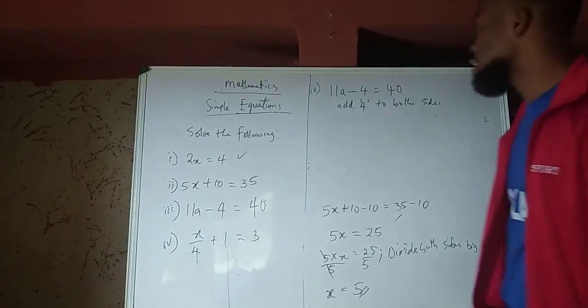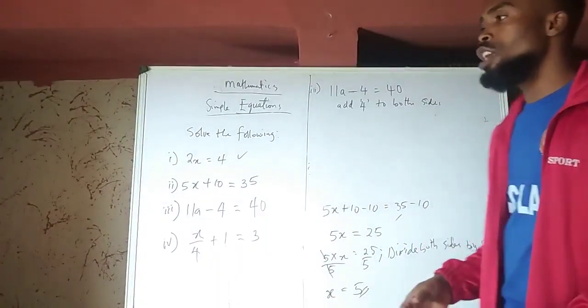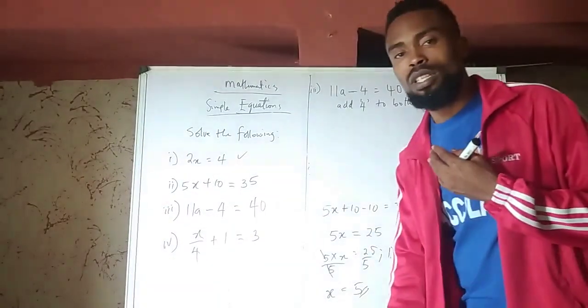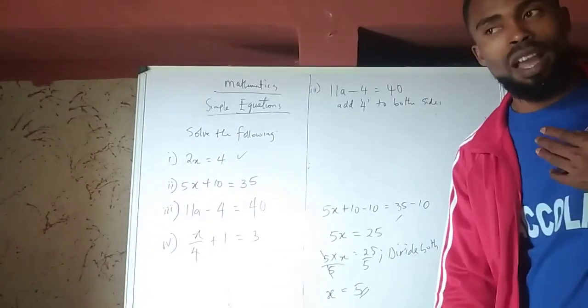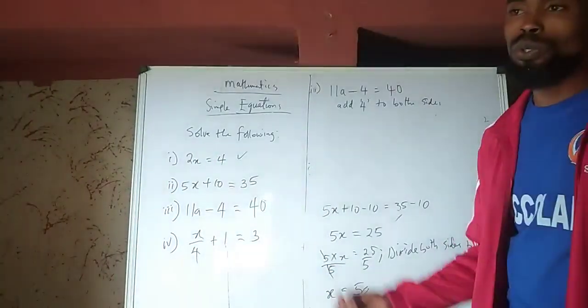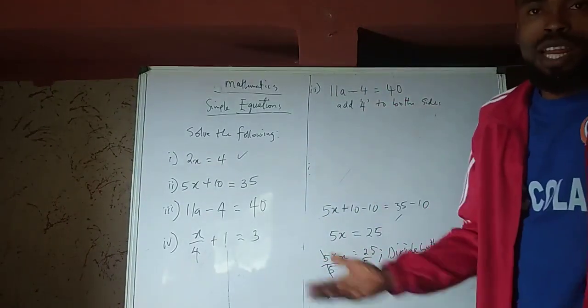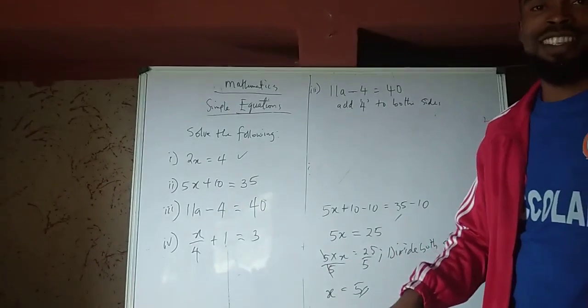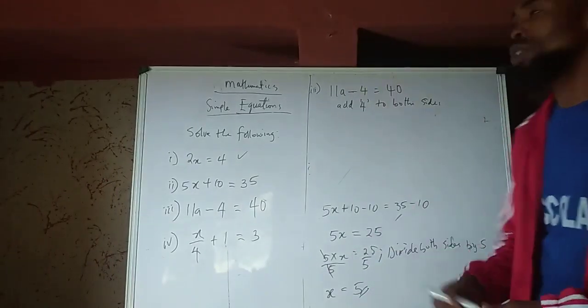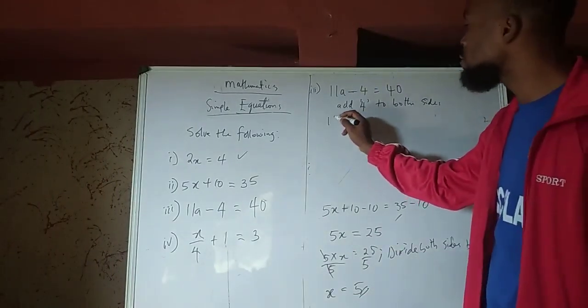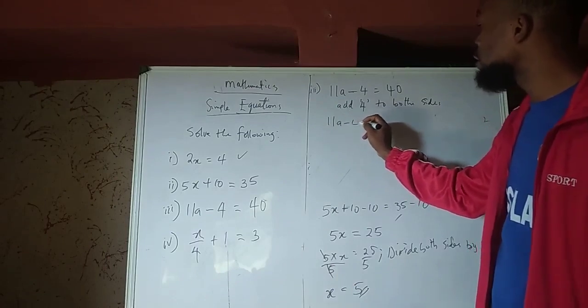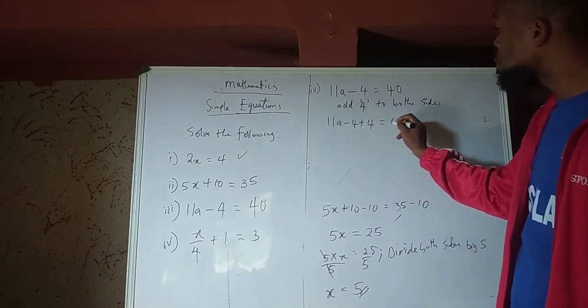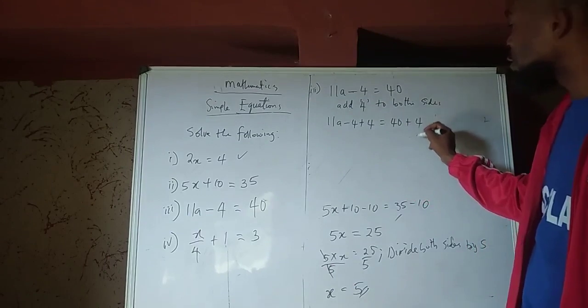It's just like if you have less salt or less spice in a soup that you're preparing, what do you do? You add to it to neutralize it, to make the taste balance. Alright, so that's just what we did here. So this is going to be 11a minus 4 plus 4 equals 40 plus 4.